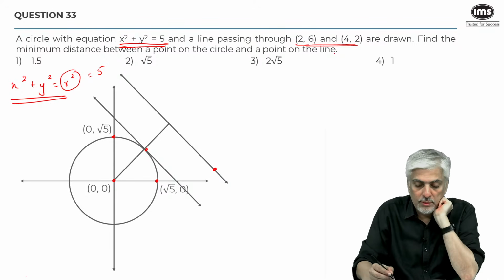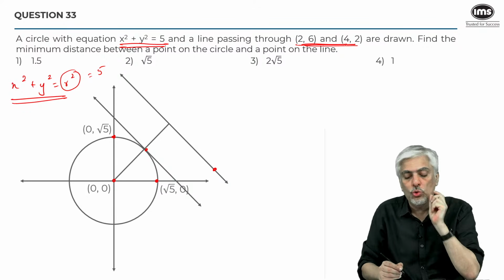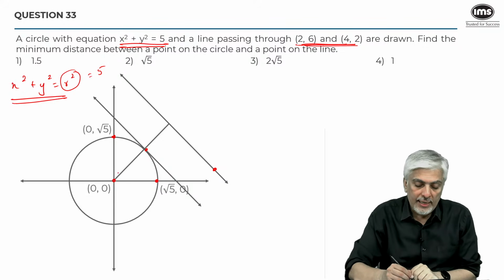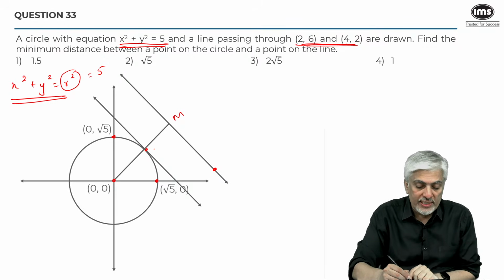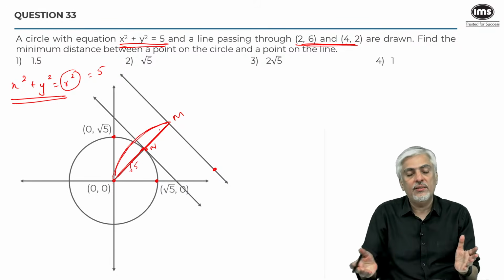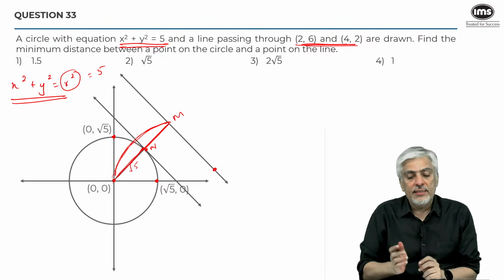Now, we have this line with points 2, 6 and 4, 2. I need to find first the distance OM because the question is to find distance MN. If you can find OM, we already knew ON is root 5. So if I can find the whole thing, then I will get the answer MN.